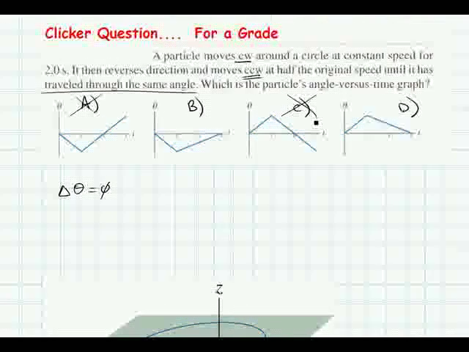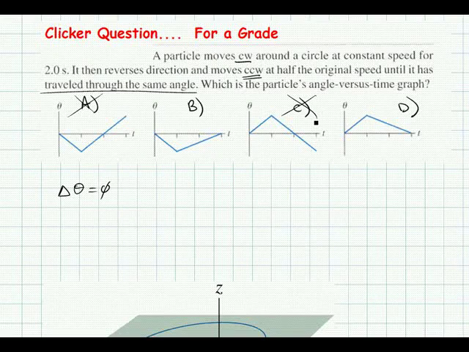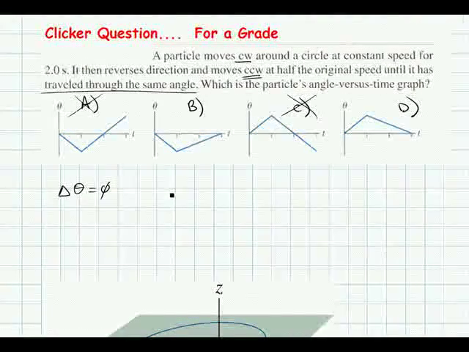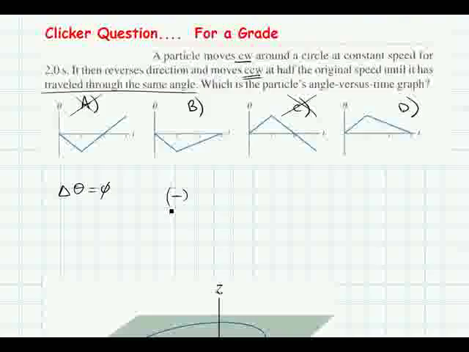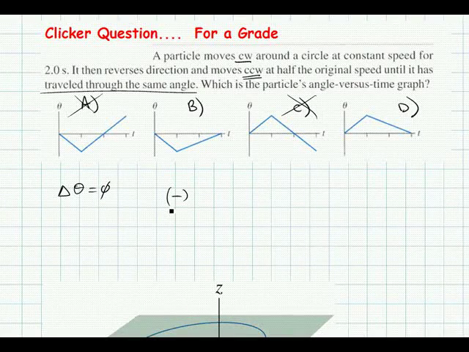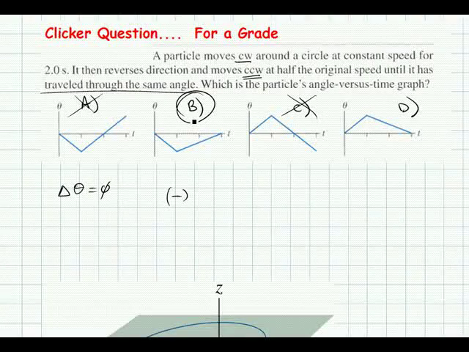Now we're told that the particle moves clockwise. So initially the particle is moving clockwise, and clockwise is a negative angular displacement to start with. As I said just a minute ago, anything clockwise is negative in circular motion. So as you see, B is the one that has a negative angular displacement, angular velocity to start with.